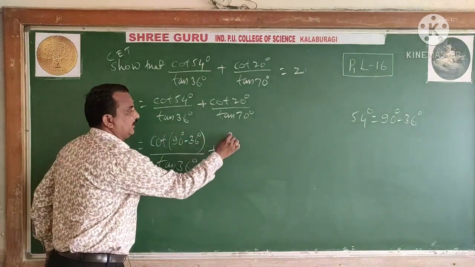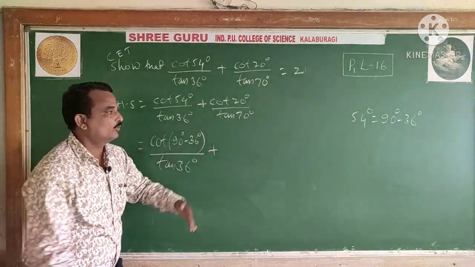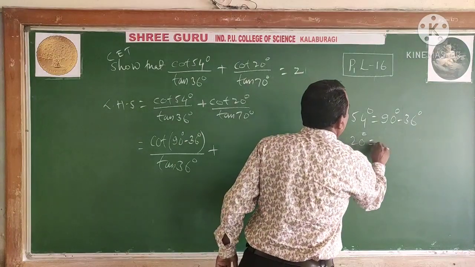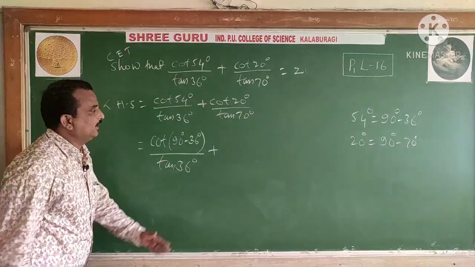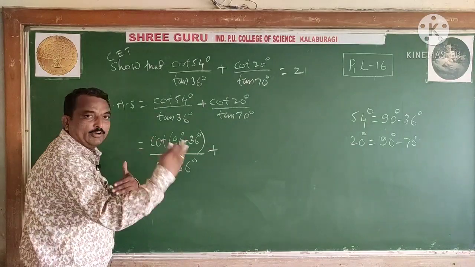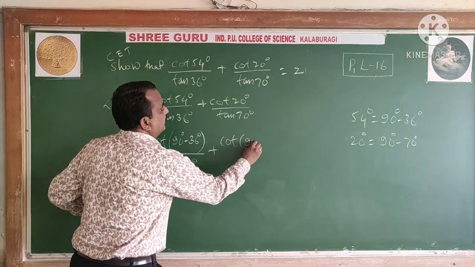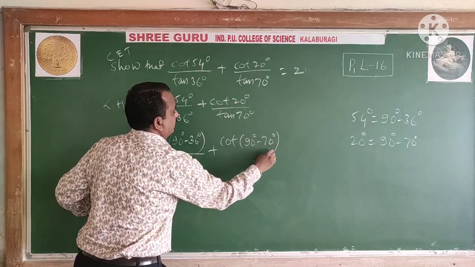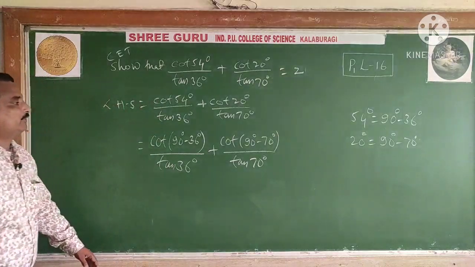Now tell me, students, here you will get it. Just as we have converted, for 20, the denominator is 70. 20 is equal to 90 minus 70. You get the required angle, the same angle as the denominator, and the function also changes. Cot 20 can be written as cot of 90 minus 70 over tan of 70 degree.